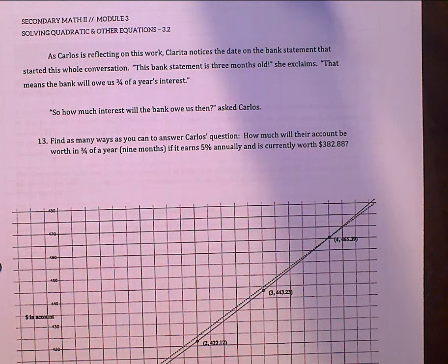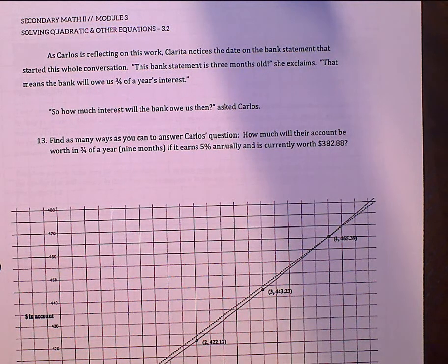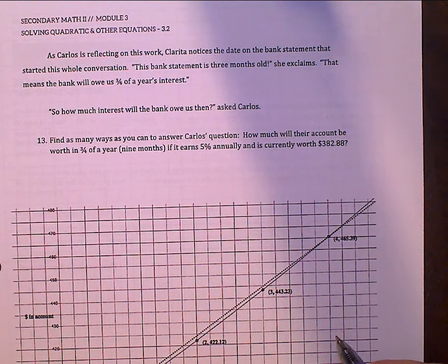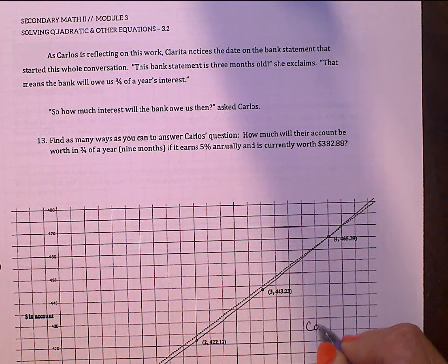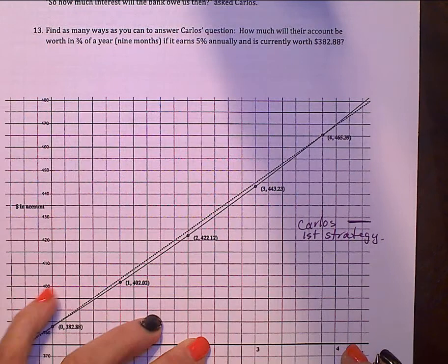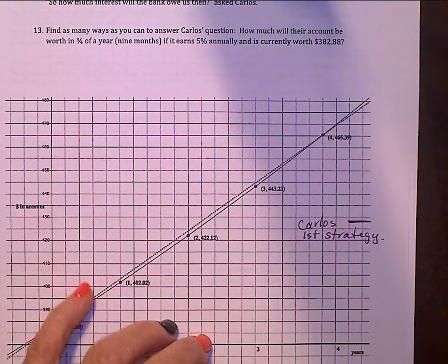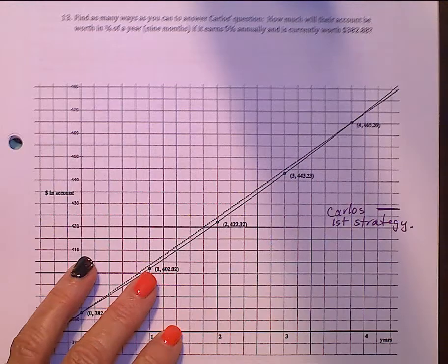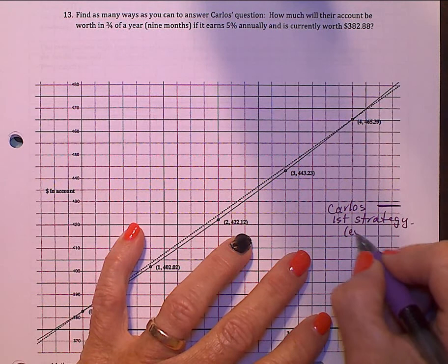What I want you to see here is that Carlos' first strategy, which was actually exponential, was when he was doing the 5% times the number and then adding it to the original and then finding the next year. That's the solid line. That one was exponential.